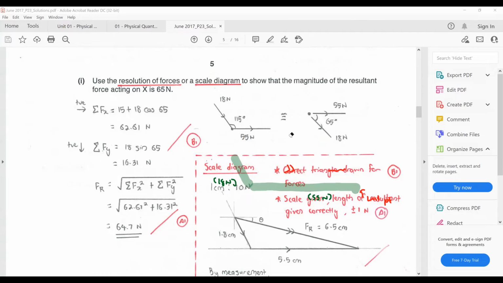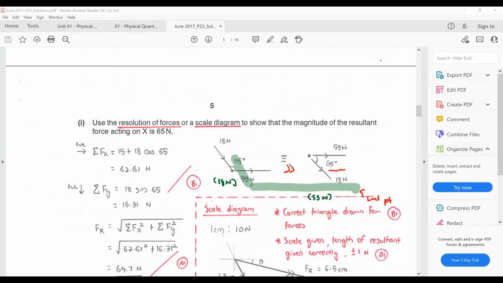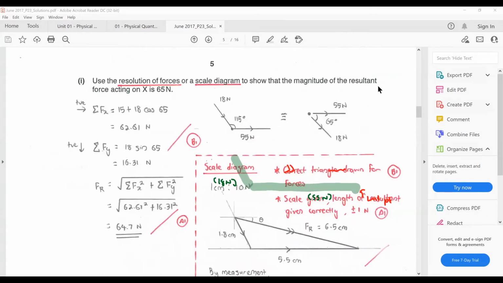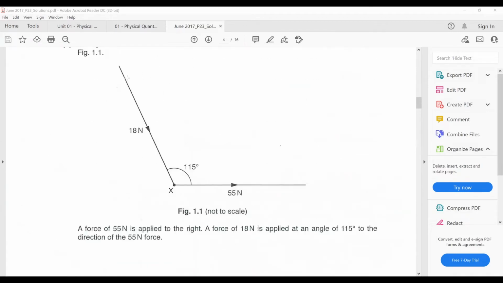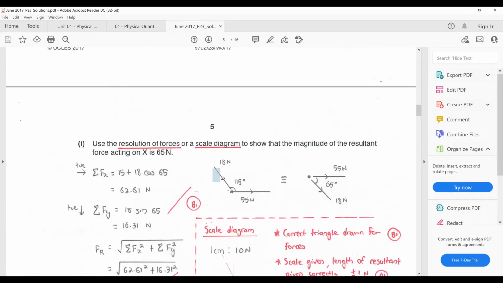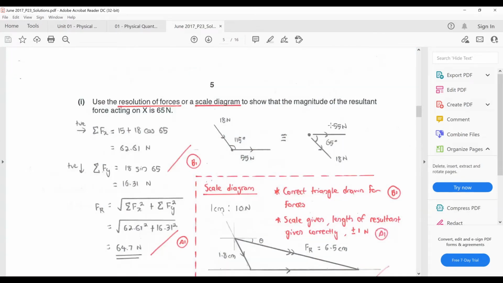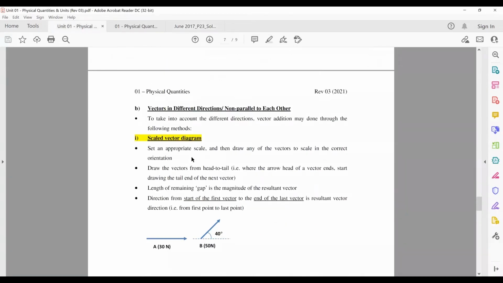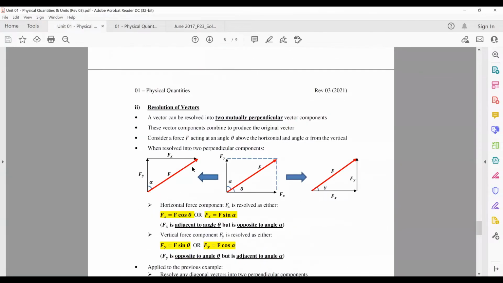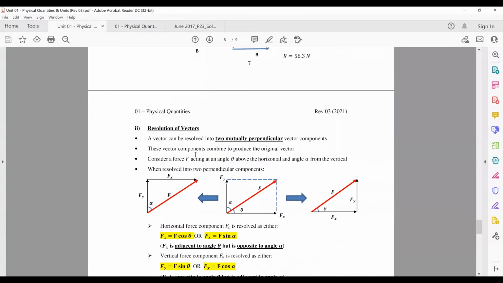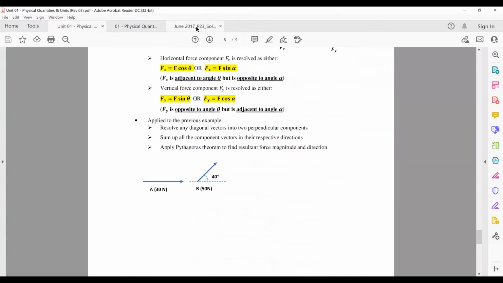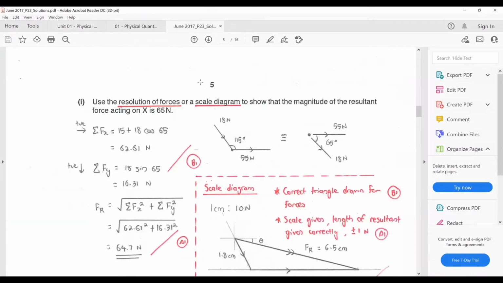Now, let me clear this off. Basically, this diagram is this one here. Recall that what you tend to do is resolve any diagonal vectors. If you refer back to the notes I gave you, under resolution of vectors, you resolve any diagonal vectors.